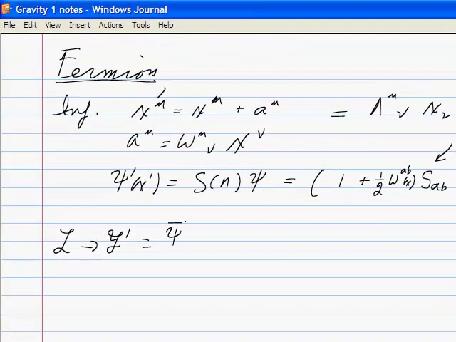There's psi bar prime i gamma^A D_A, but actually that's not really an A index. So let me give you the answer here rather than beat around the bush on it. We need to put in this vierbein field here, V_A^mu D_mu.